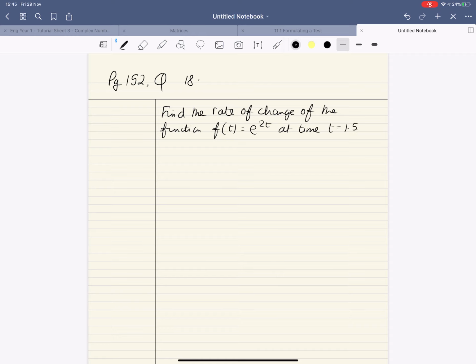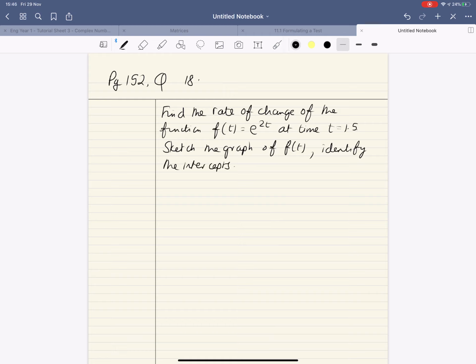So that's the question that we need to do. And also, I've made a note, you need to make sure you can sketch the graph of f of t and then identify the intercepts. That's a little bit extra that's not in the question.